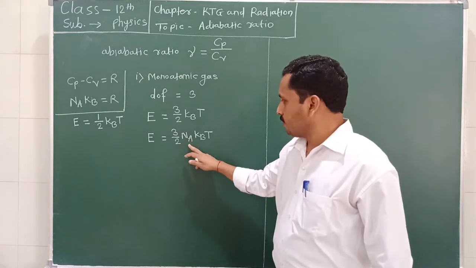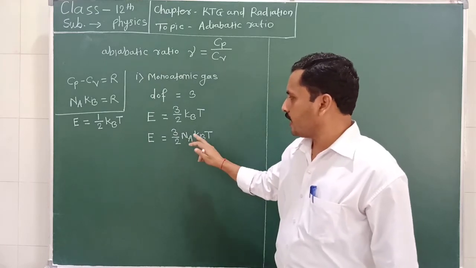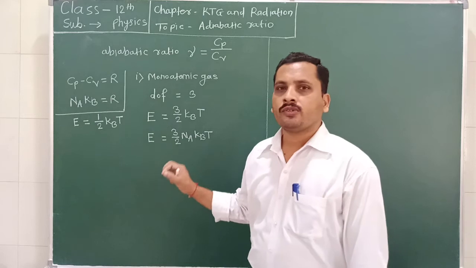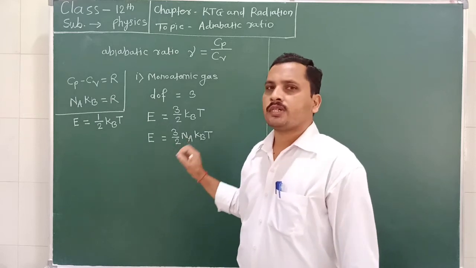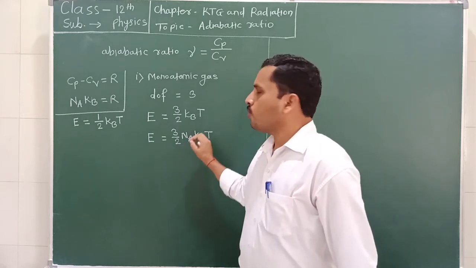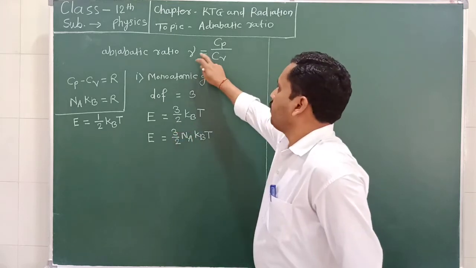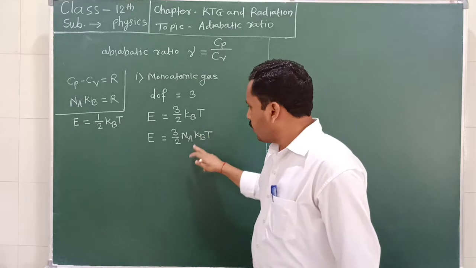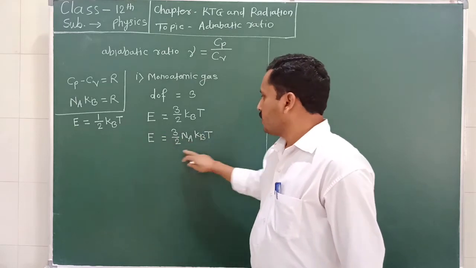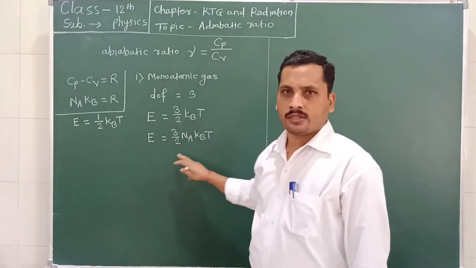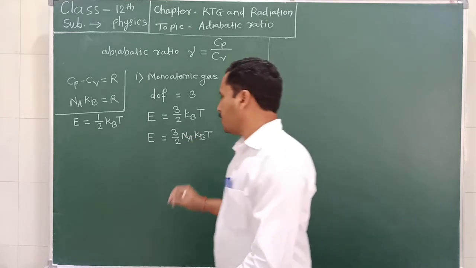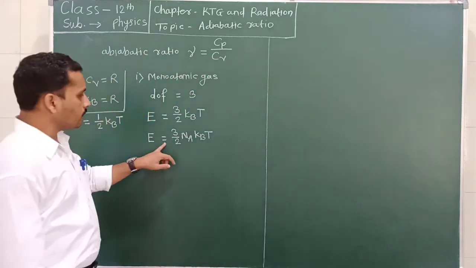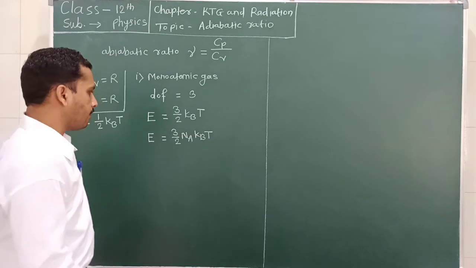Why does this Na come here? This Na arrived here because we are going to discuss the molar specific heat. What is the adiabatic ratio? It is defined with the molar specific heat. So we are going to derive this relation for the mole. Okay. So here E is equal to 3 by 2 Na multiplied by kBT.